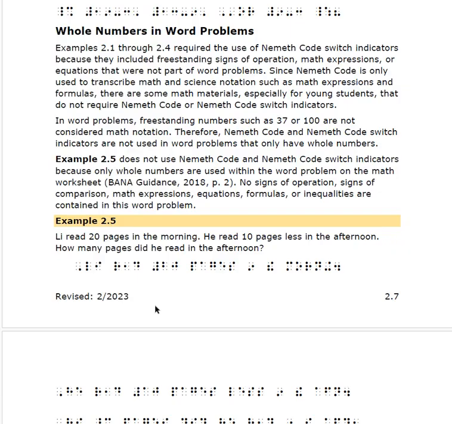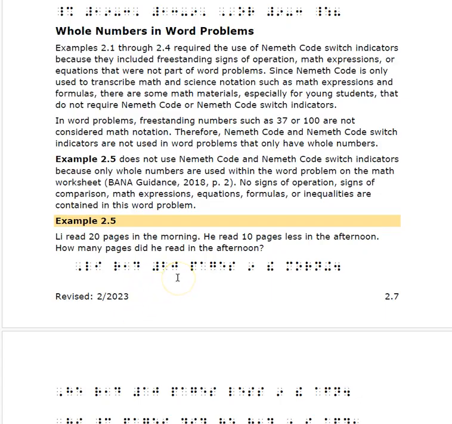Okay? So it says Lee read 20 pages in the morning. He read 10 pages less in the afternoon. How many pages did he read in the afternoon? 20 pages and 10 pages. Those numbers are not a math sentence of any kind. It's just a number. So guess what?